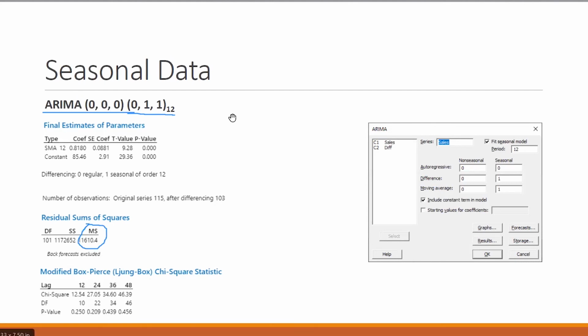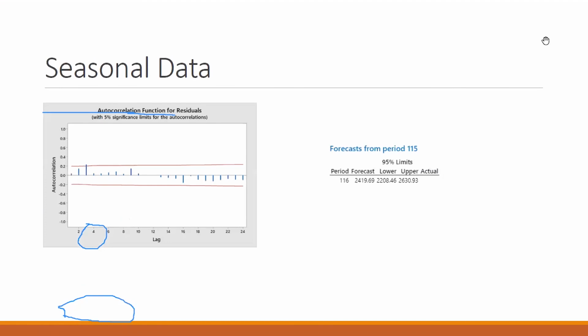We have all the p-values, again, greater than 5%, and therefore we can tell there's no serial correlation. Lastly, we will examine the residuals, and here's the autocorrelation function for the residuals. I notice that at lag 3, it is slightly higher than the red curve, meaning it's significant.